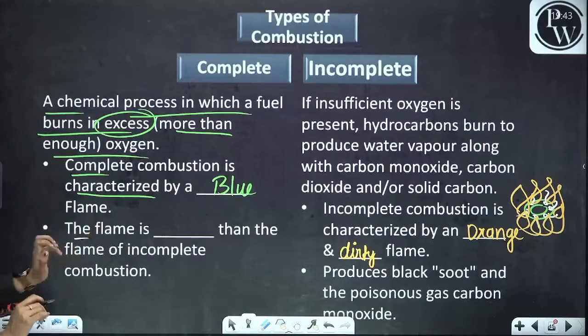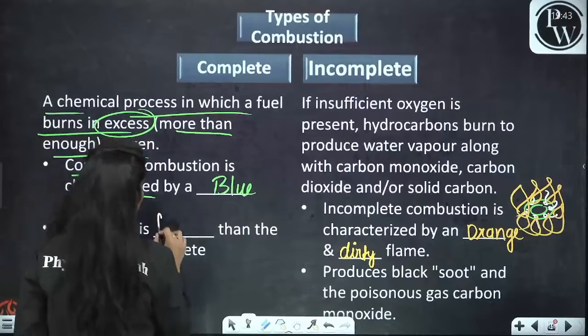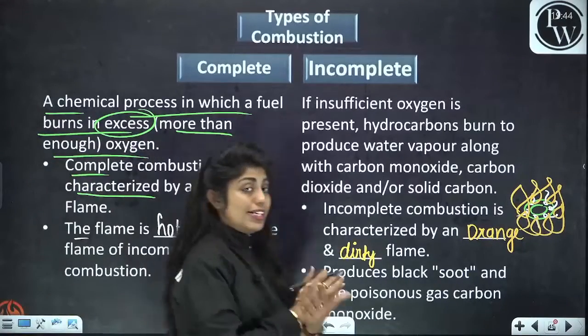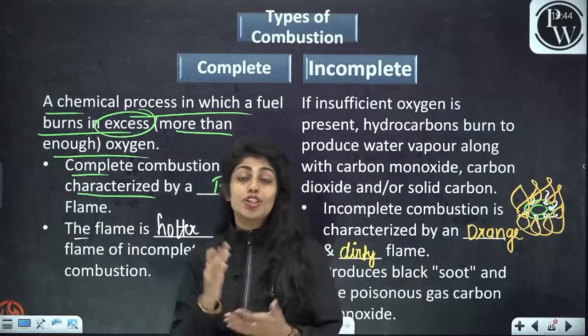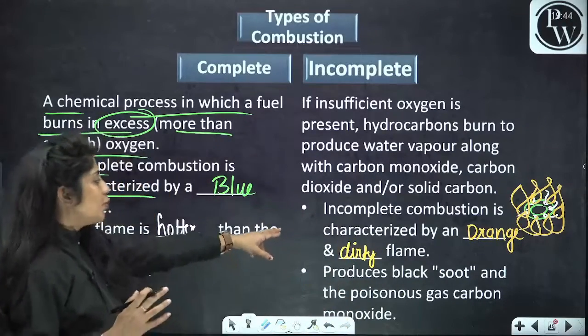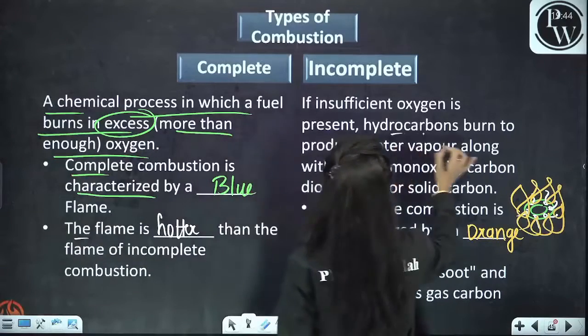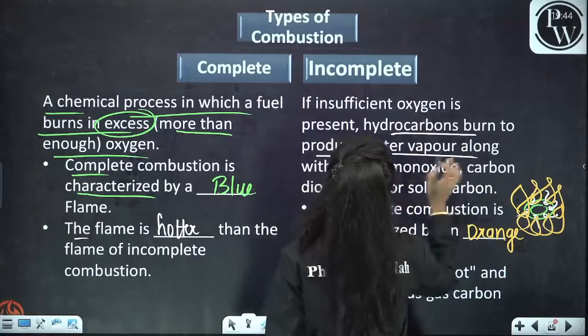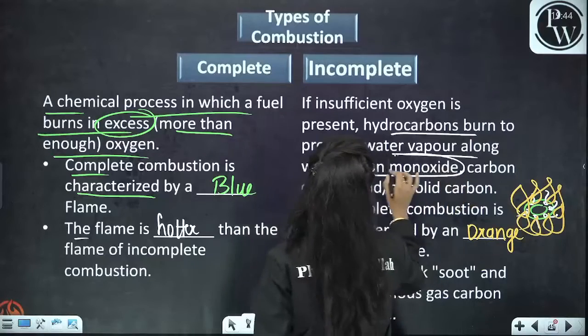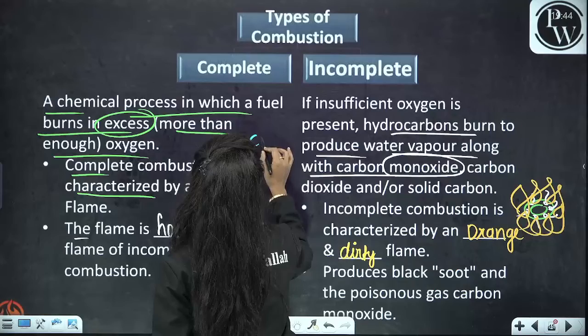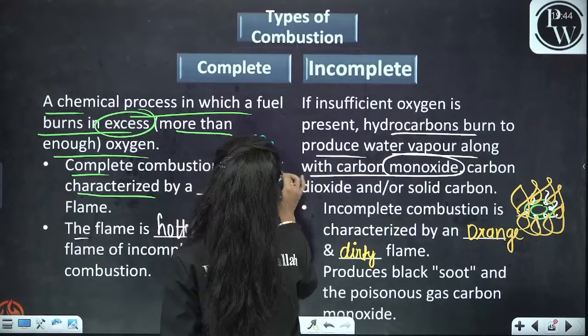The blue flame results from complete combustion, so it will be hotter as compared to the flame of incomplete combustion. In incomplete combustion, the hydrocarbon burns to produce water vapor along with carbon monoxide. Carbon forms 2 kinds of oxide, CO2 and carbon monoxide.